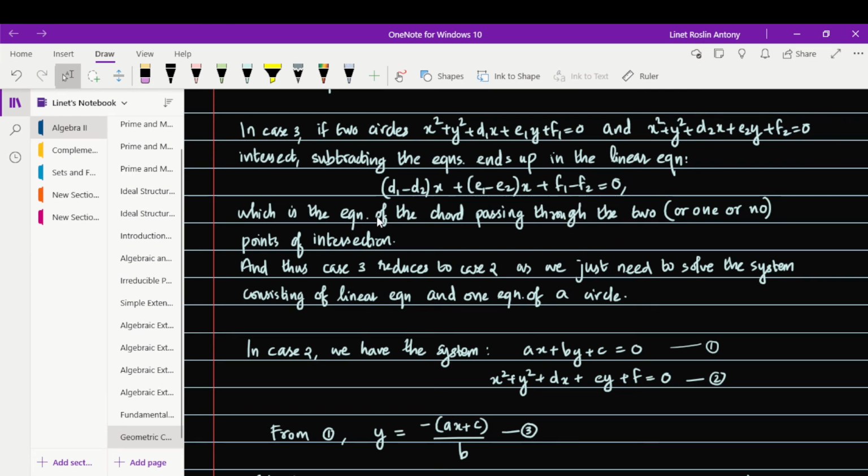Actually, this is the equation of the chord passing through the points of intersection, if there are points of intersection existing. Sometimes there might not be, sometimes there might be one point of intersection, sometimes there might be two points of intersection for those two circles.